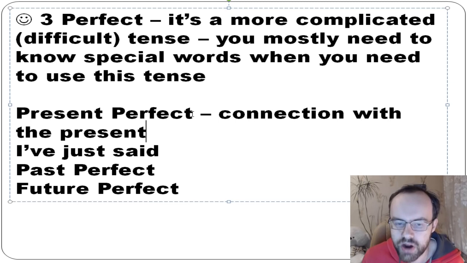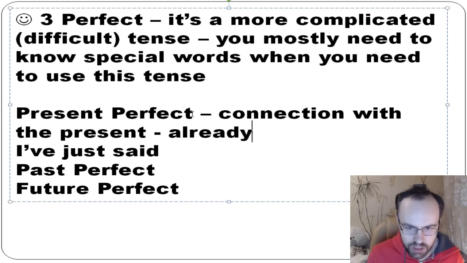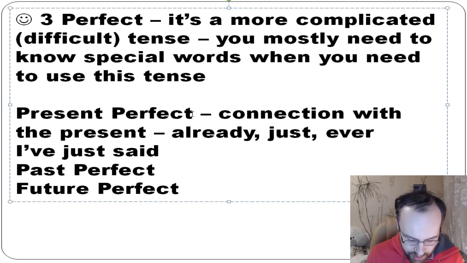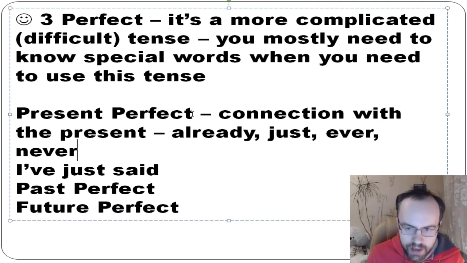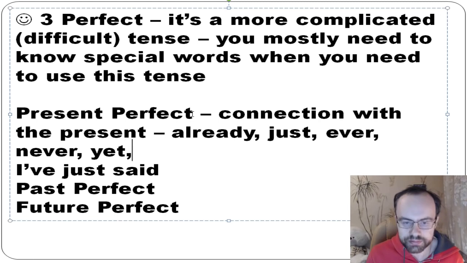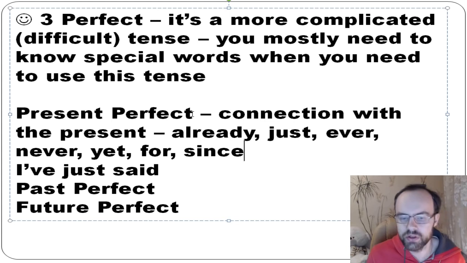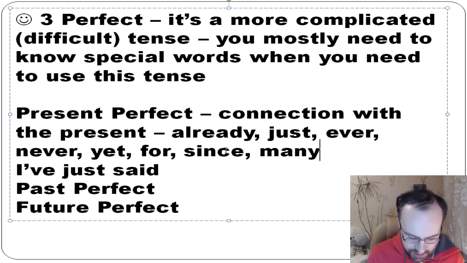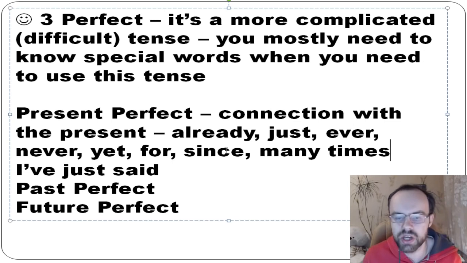We see the connection with the present, and you know that we use present perfect with such words as already, just, ever. We often use it with never, yet, for and since. And also many times or several times, two times, three times.